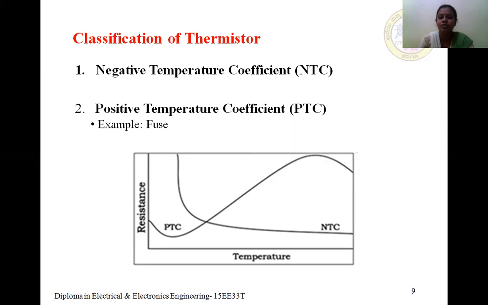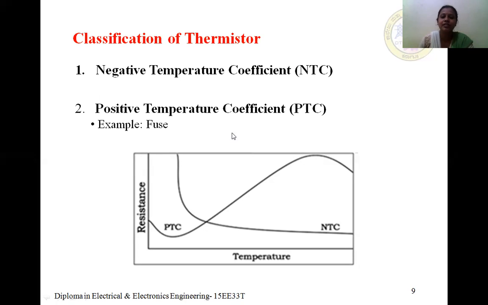Whereas in the positive temperature coefficient, as the temperature increases, the resistance also increases, and when the resistance increases, the temperature also increases. The example for the positive temperature coefficient is a fuse.